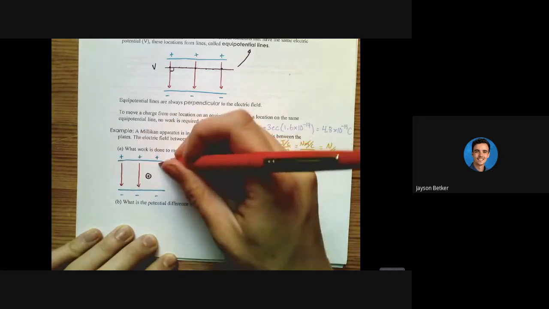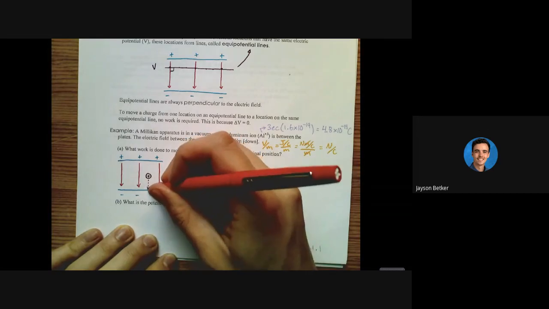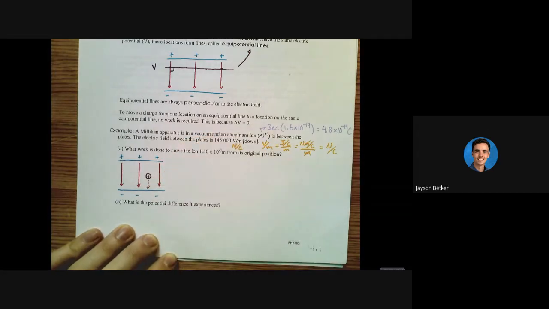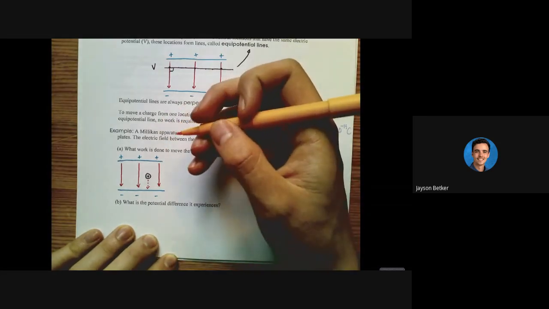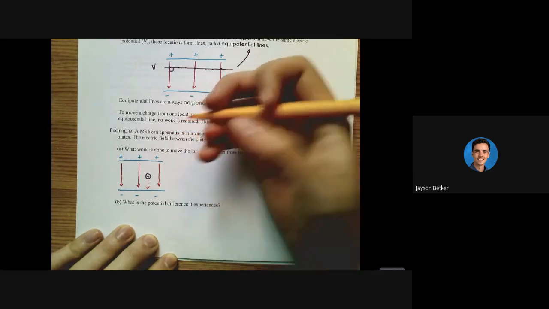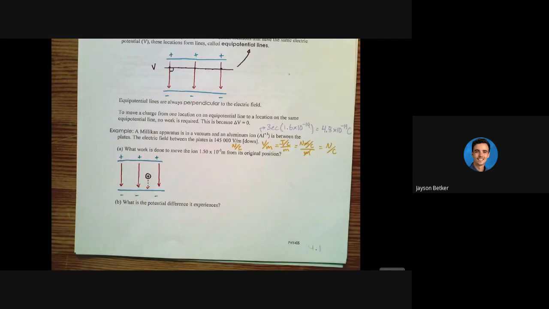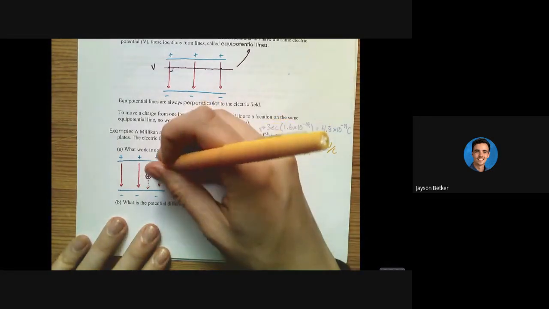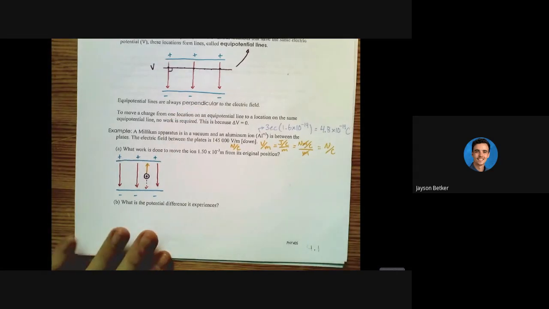And because this is positive, it wants to go that way. But the question is asking how much work is done to move it 1.5 times 10 to the negative 3 meters from its original position. So the question is really asking, how much work is required to move it up?